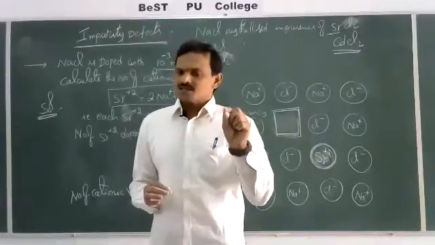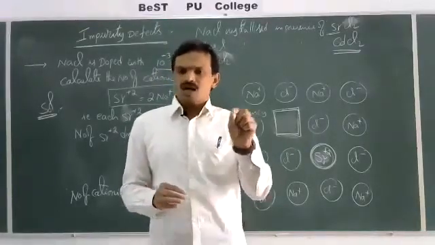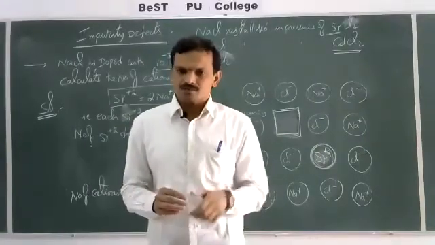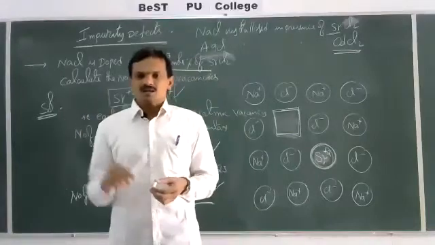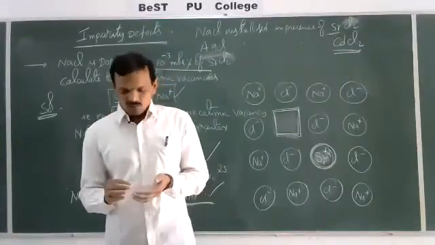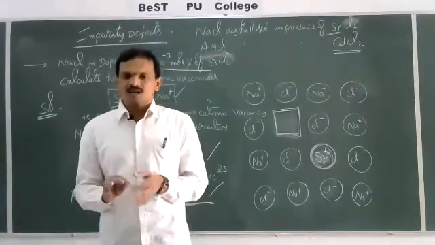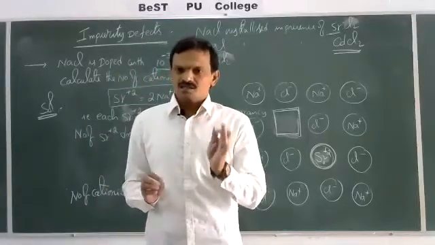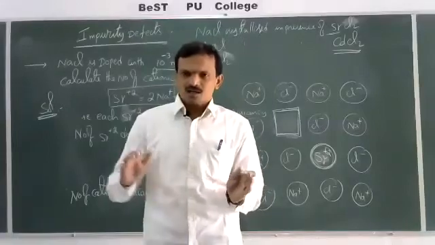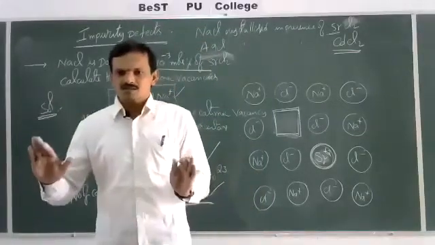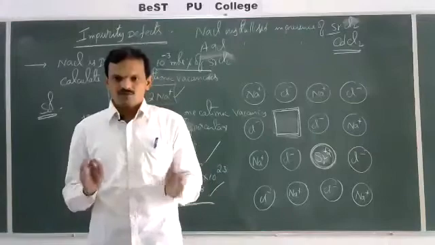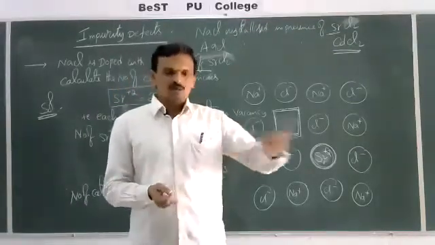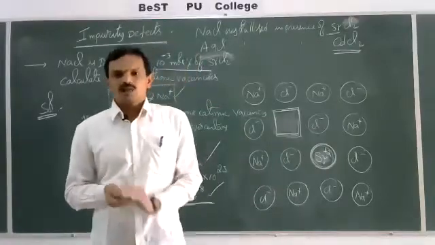Schottky defects are observed in compounds with a high coordination number where the sizes of cation and anion are nearly the same. Frenkel defects are observed in compounds in which there is a large difference between the sizes of cation and anion, with low coordination number. Due to Schottky defects, the density of the lattice decreases. Due to Frenkel defects, the density of the lattice remains the same. So this is regarding Schottky and Frenkel defects. So this is about stoichiometric defects.